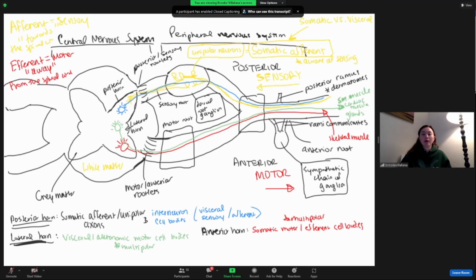If it's motor and it's a command going out, it can be autonomic with its cell bodies in the lateral horn, or it can be somatic with its cell bodies in the anterior horn, right? Regardless, those are both going out the front.